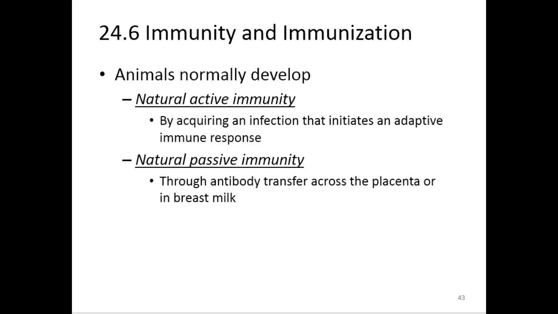The other way animals, including us, can get immunity naturally is through passive immunity, passed through the mother to the fetus, through the placenta, or even a little bit in breast milk after the baby's born.